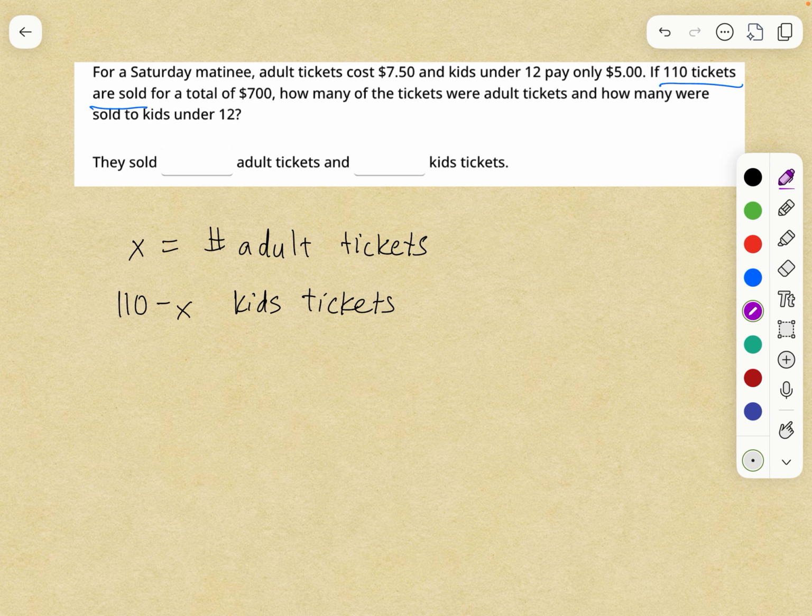So now we have to use the sentence: adult tickets cost $7.50 and kids pay $5 and the total is $700. So that information gives us an equation for the total cost.